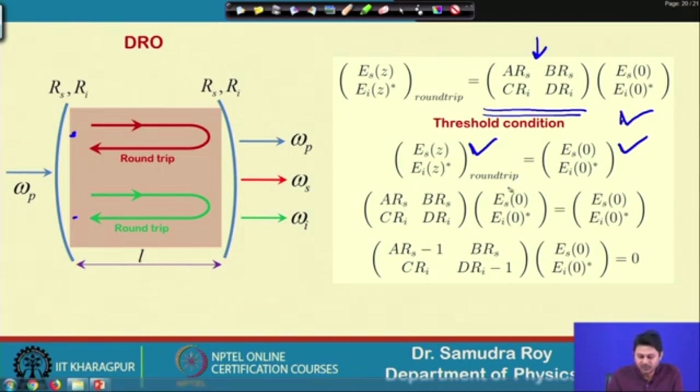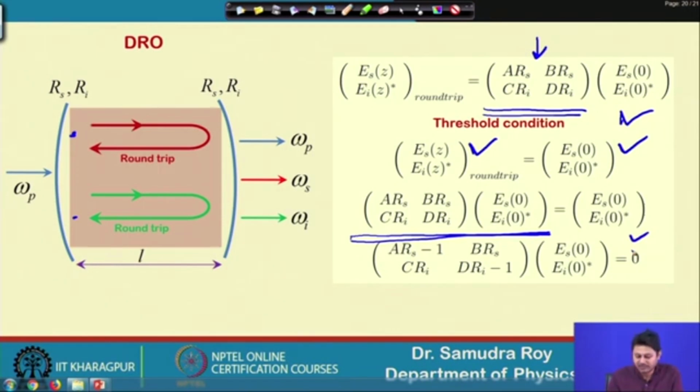So, now we know this quantity ES(z) EI(z) star round trip is nothing but this matrix form. This is the expression that we have derived, that should be equal to this value ES(0) EI(0) star.